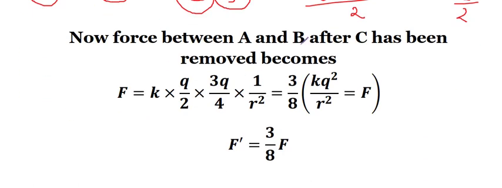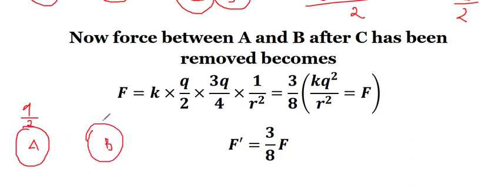Okay, now the force between A and B after C has been removed becomes, remember after C has been removed, sphere A is left with a charge Q on 2 and sphere B is left with a charge 3Q on 4.